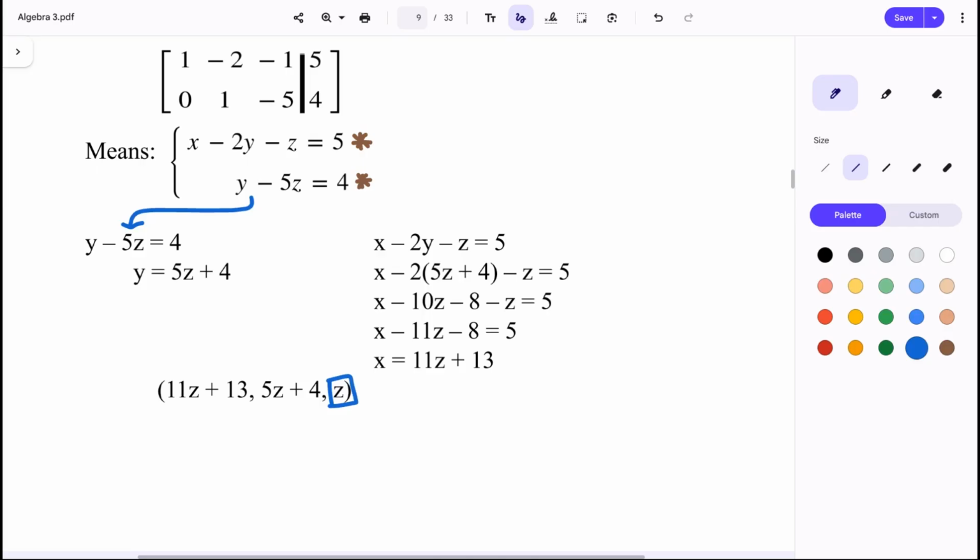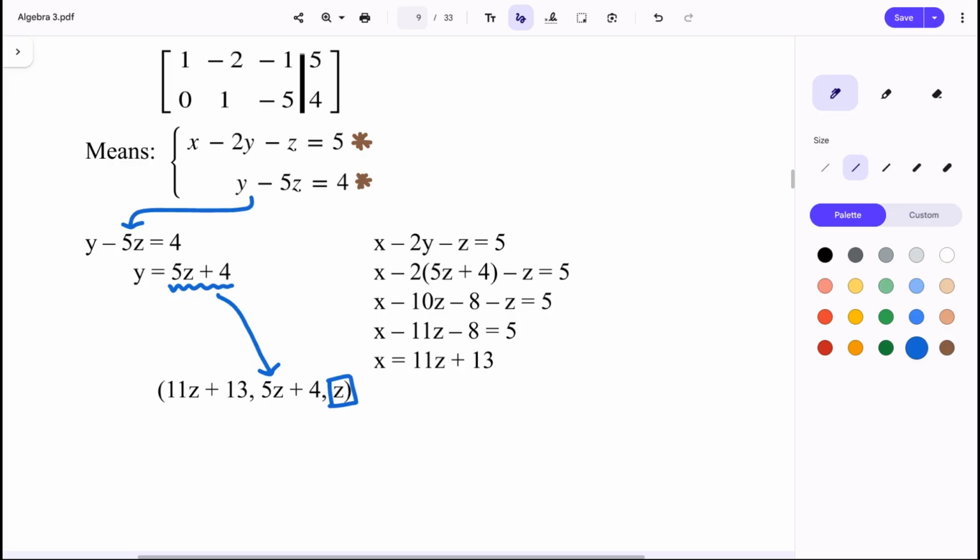Yeah, you just added the 5z over. So this 5z plus 4, they put that in place for the y down there. So instead of saying x, y, z, it says 5z plus 4 for my y term and then z for my z term. We're just rewriting my x and my y in terms of z.